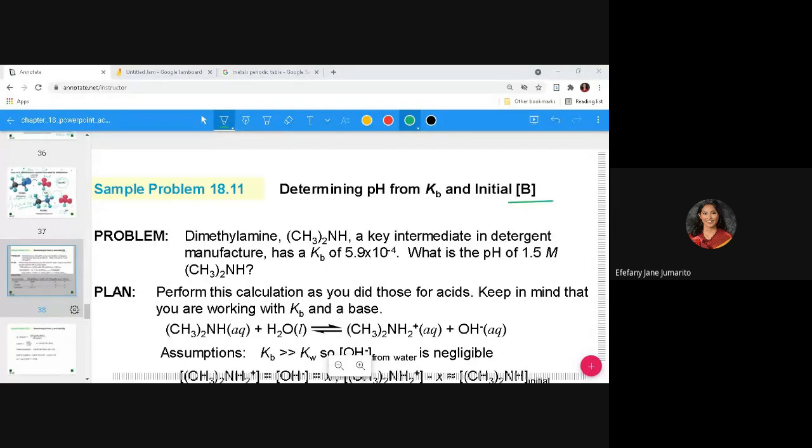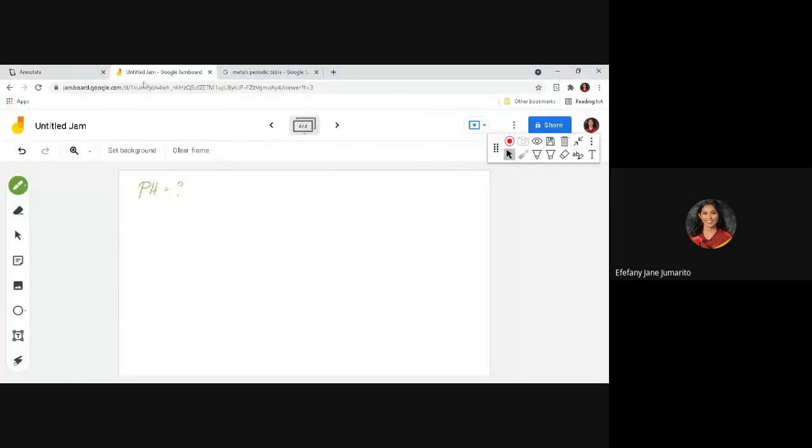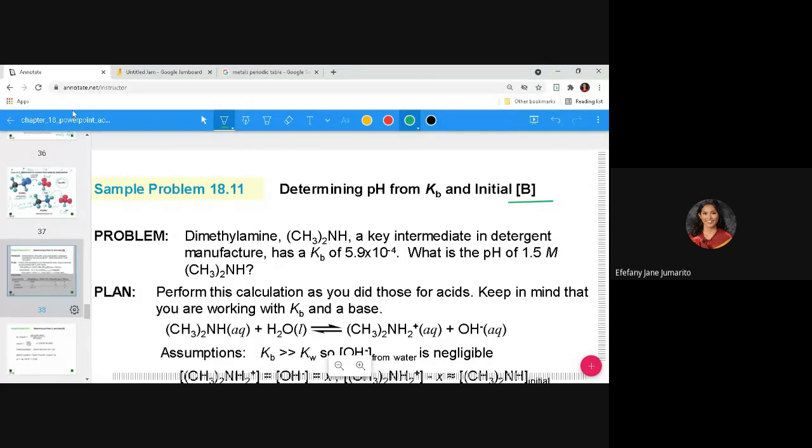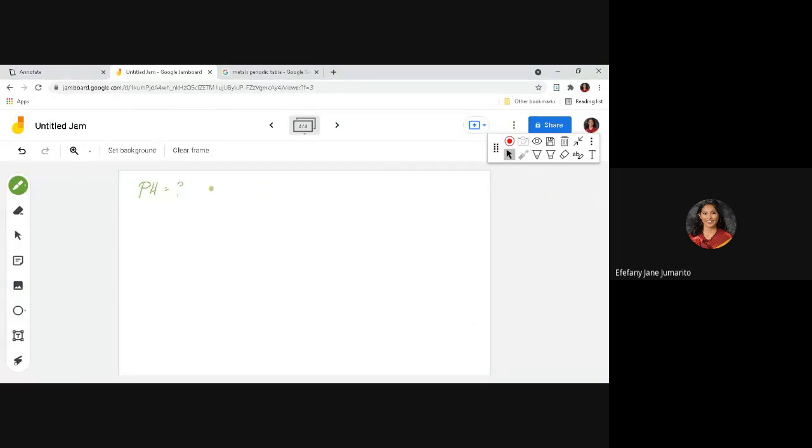Okay, let's write that in an ICE table so we can see it. We have the reaction of (CH3)2NH plus H2O.